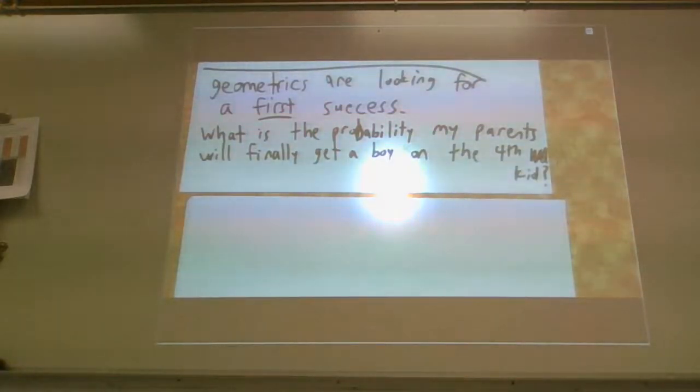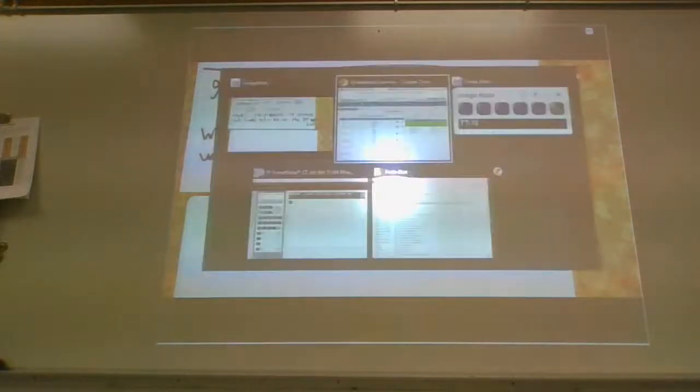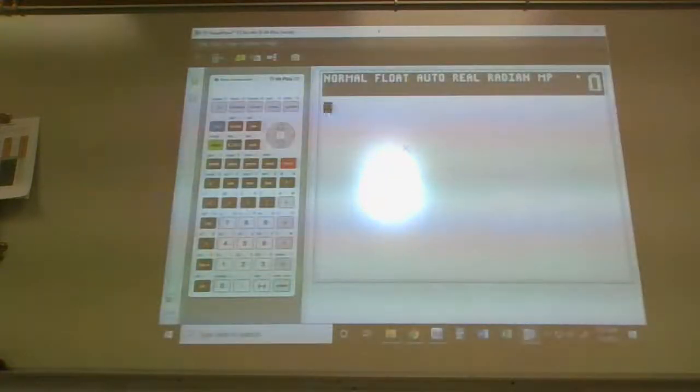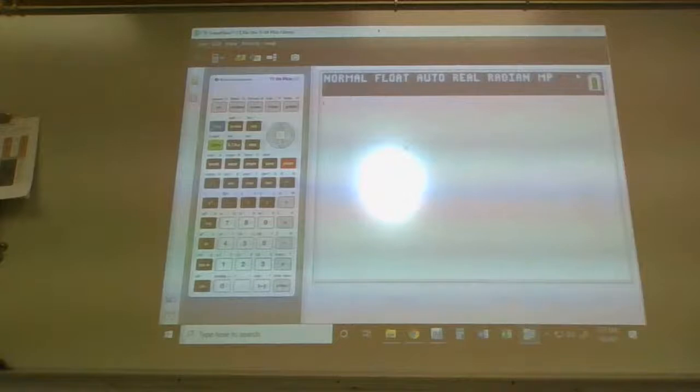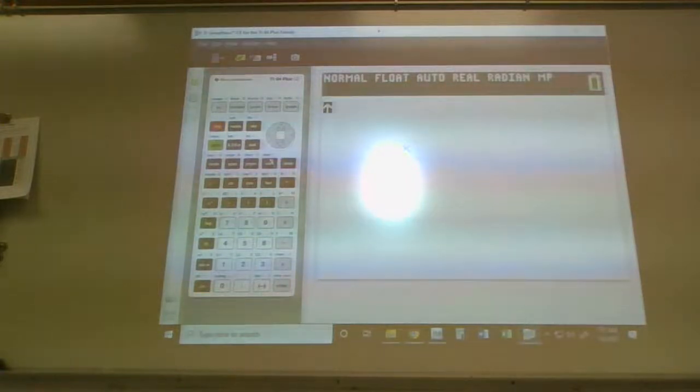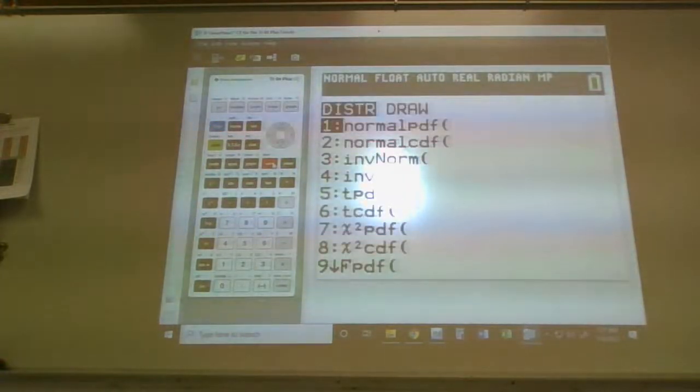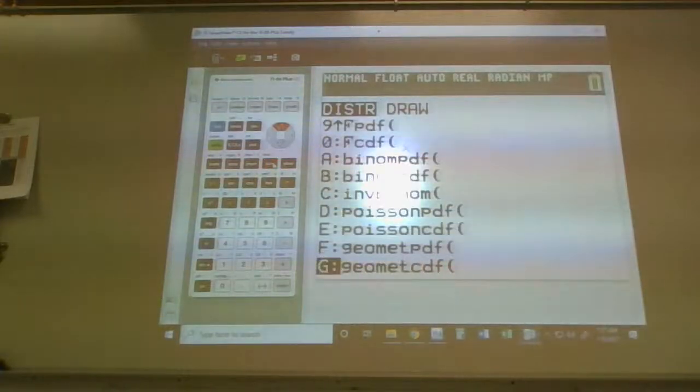So, what I do, and I'm going to ask you to do this as well, go to those calculators, and let's see how we can actually calculate this, and then I'm going to write down what you would have properly typed in. In this case, I'm going to hit second vars. You could scroll all the way down, but instead you can just type up, and it goes straight to the geometrics.